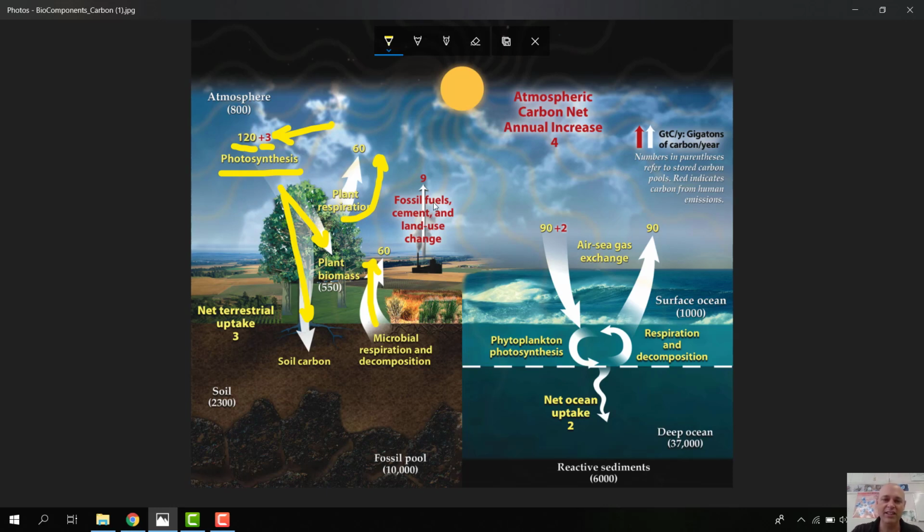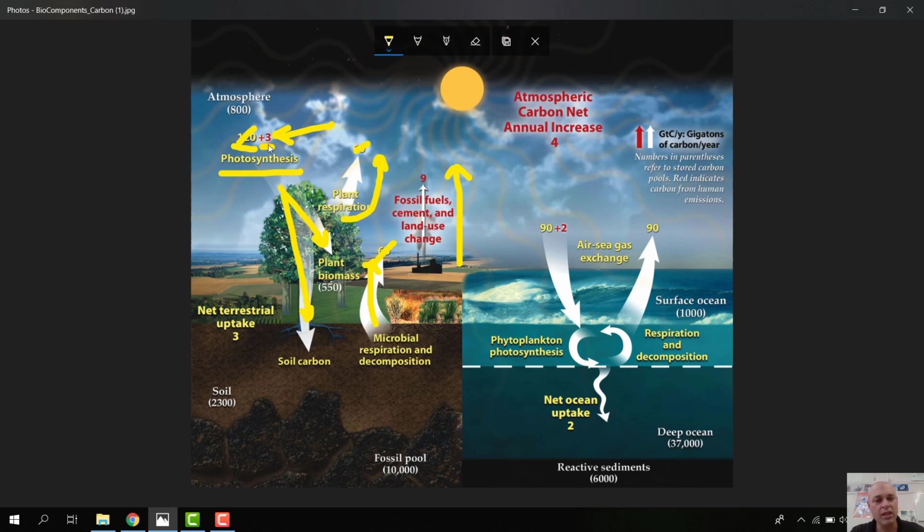However, the last thing you're going to notice here in red is the amount of carbon that we put back into the atmosphere: fossil fuels, cement, and land use, which is 9 gigatons. So if you notice, the 120 in cancels out with the 120 going out.